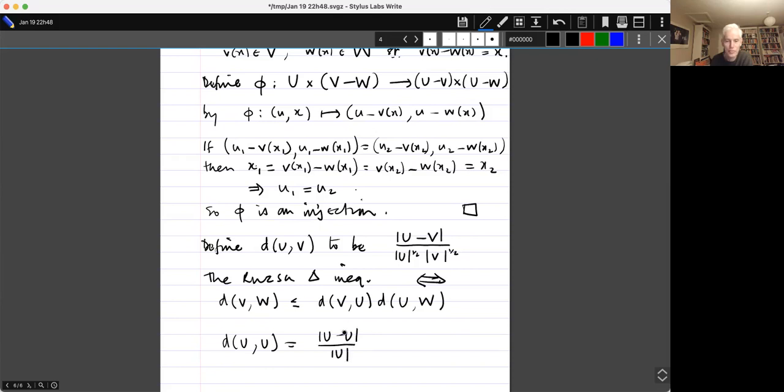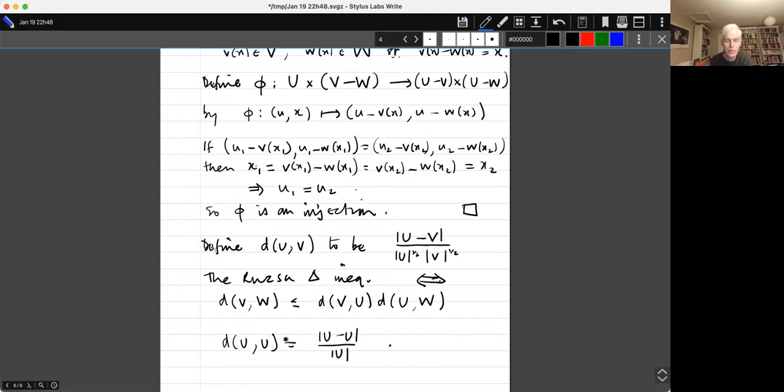So it's basically the constant that you have to multiply by when you take the size of the difference set and compare it with the size of the original set. So that depends a lot on u. So it isn't really a metric, but it's saying something like that.